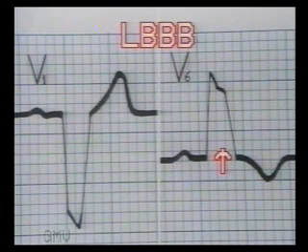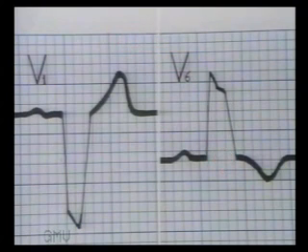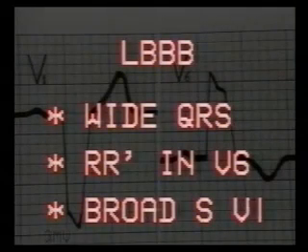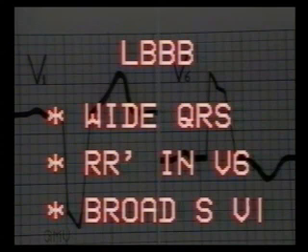And number 4, left bundle branch block is always associated with left axis deviation. To revise, left bundle branch block shows wide QRS complexes more than 3 mm wide, deep and broad S wave in V1, broad R wave or RR' wave in V6, and left axis deviation.